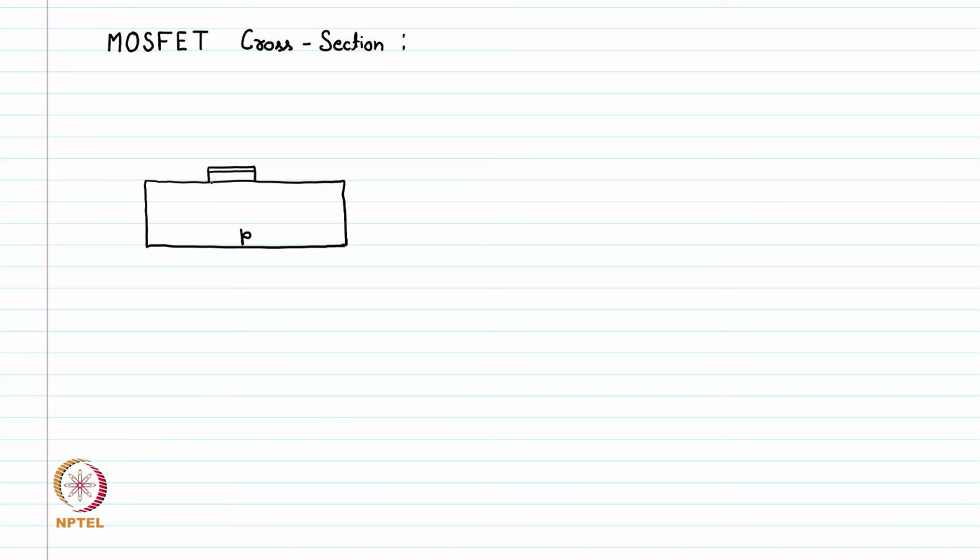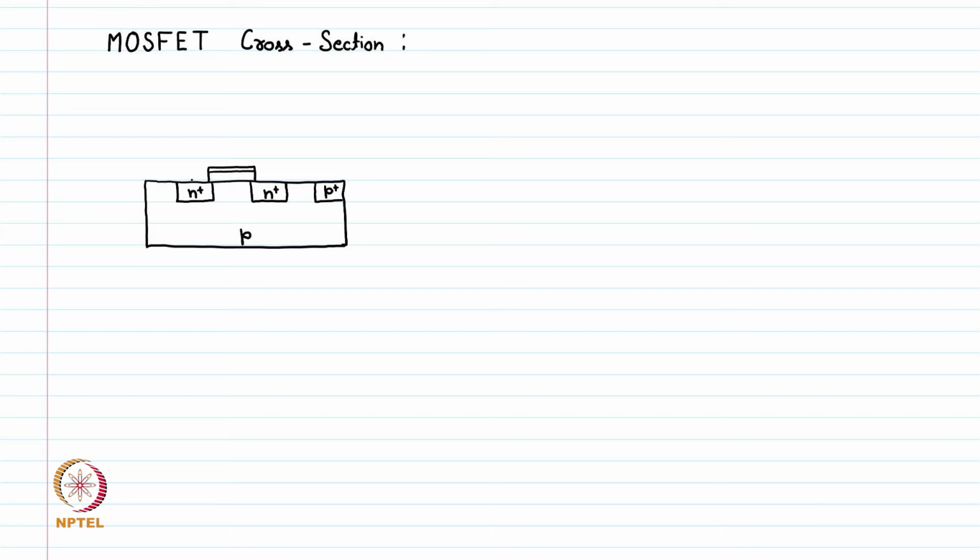And then we have a source contact and a drain contact. These are made up of N plus region, and we have a body contact as well, which is made up of P plus region.